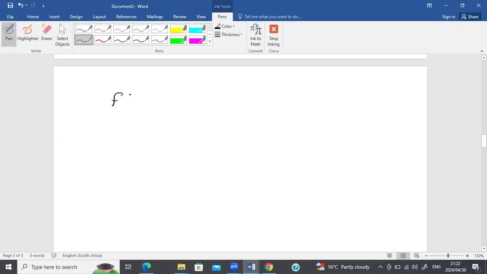Okay, so we are saying the function of x is k e to the power negative x, for x greater than or equal to 0. Then they want us to find k. Remember for a discrete case, the summation of all the probabilities is equal to 1.